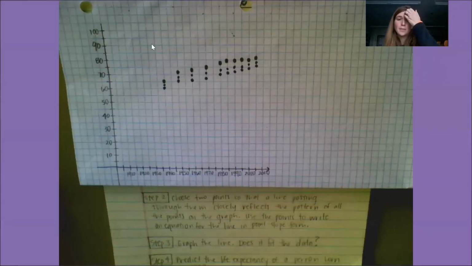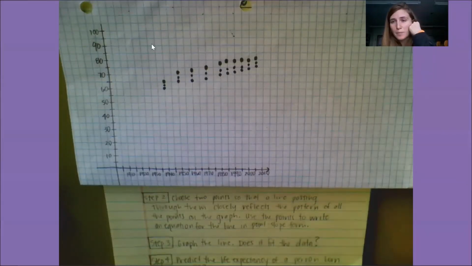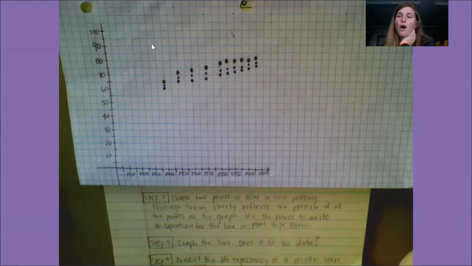Now I'm going to work through step 2. Now that I have all of my points graphed, I'm going to choose 2 points so that a line passing through them closely reflects the pattern of all the points on the graph. Then I'm going to use those points to write an equation for the line in point-slope form.